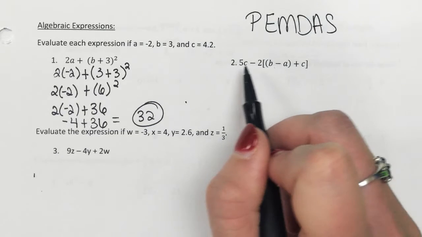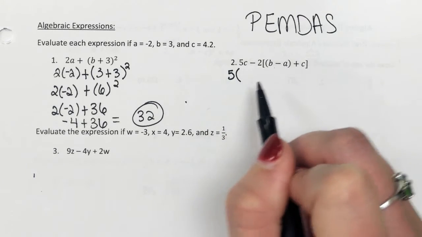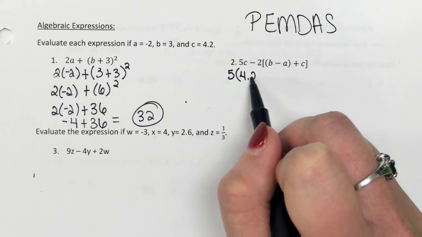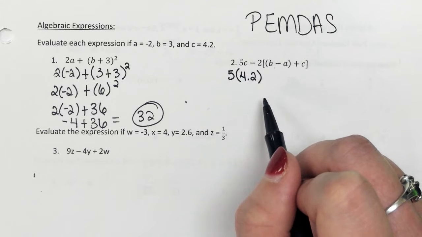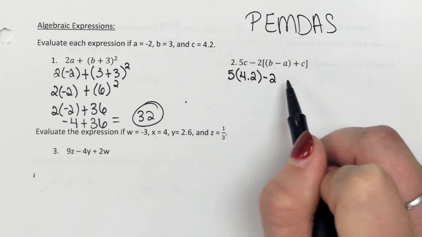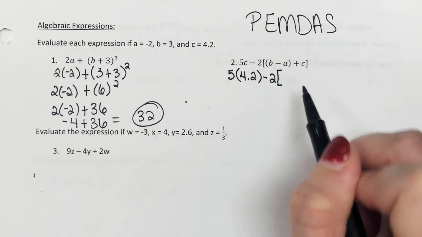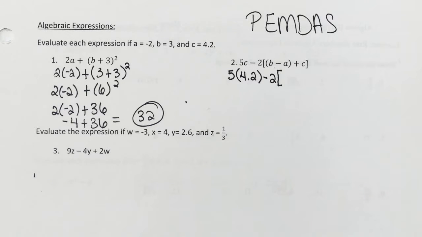Last one. 5c. I'm not going to say 5 times c. I'm going to say 5 times what? Look at you go. Then what does it say? Minus 2. Then it's got a bracket. Guys, a bracket is just a fancy parentheses, okay?